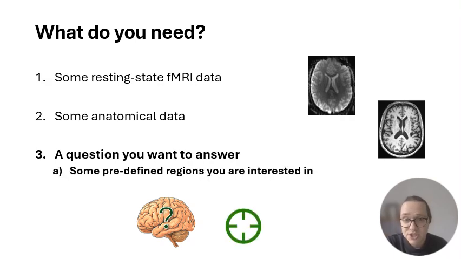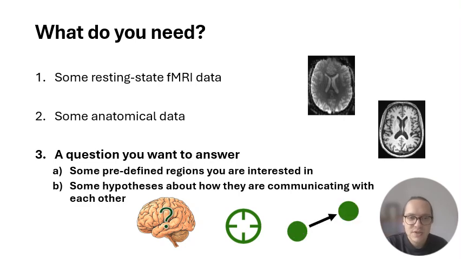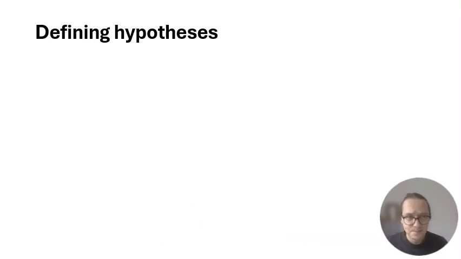For this question, you need some predefined regions of interest, regions where you think there's going to be some group differences, and some hypotheses about how you think these regions are communicating with one another. So I'll talk a bit about defining hypotheses now.